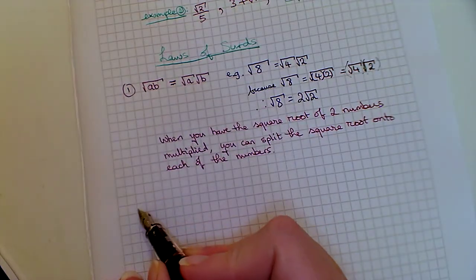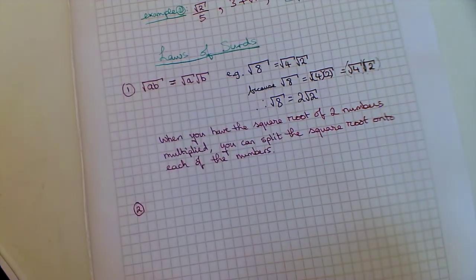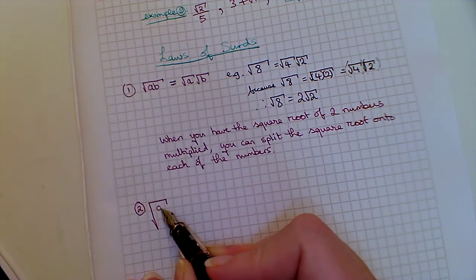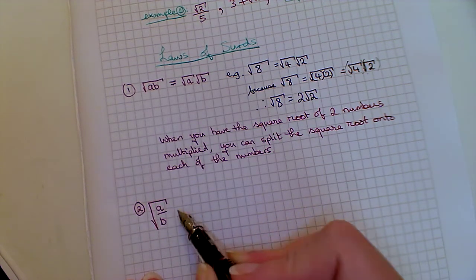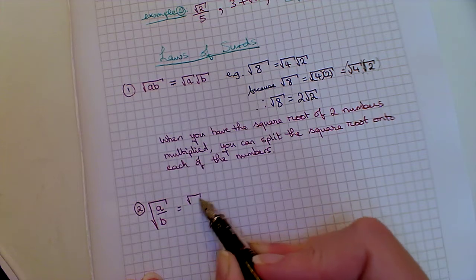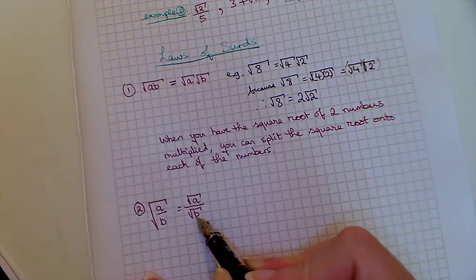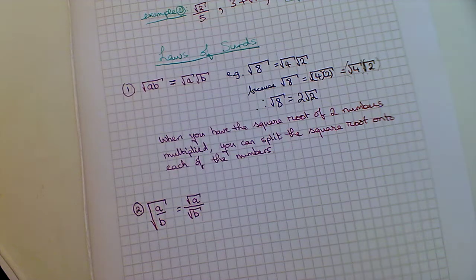The second law of surds is very similar, except it's about division. So if I have the square root of one number divided by another, that's the same as the square root of the number divided by the square root of the other number, like that. So let's look at an example.